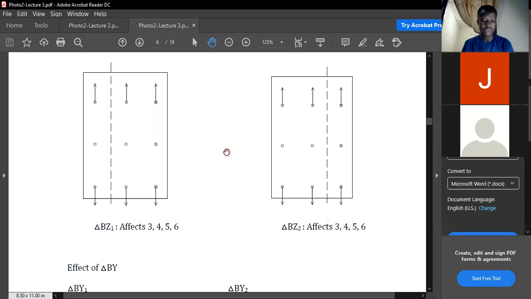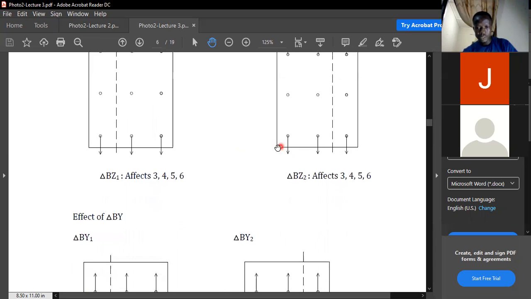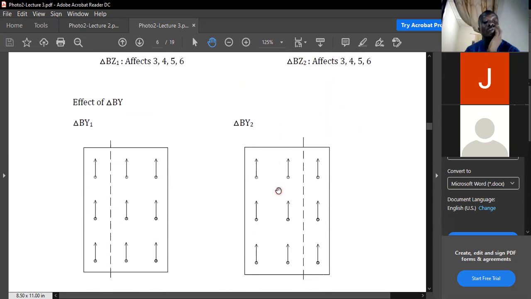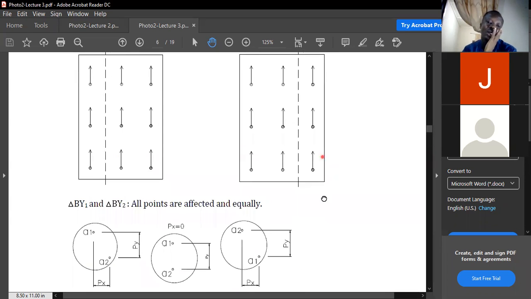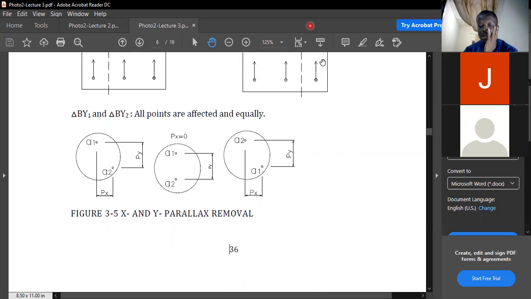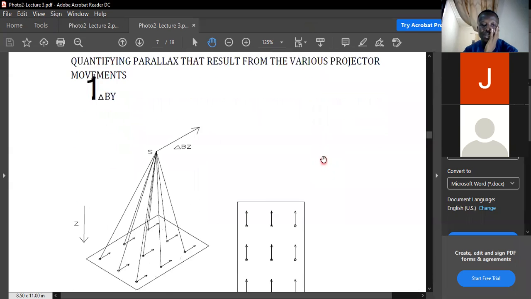That is what we are looking at over here. Delta by is also a shift along the y. So you can see all points begin to move in the y direction. So that one you don't need to even think through. And then delta bx, I think it's not really relevant, so we're not even talking about it.